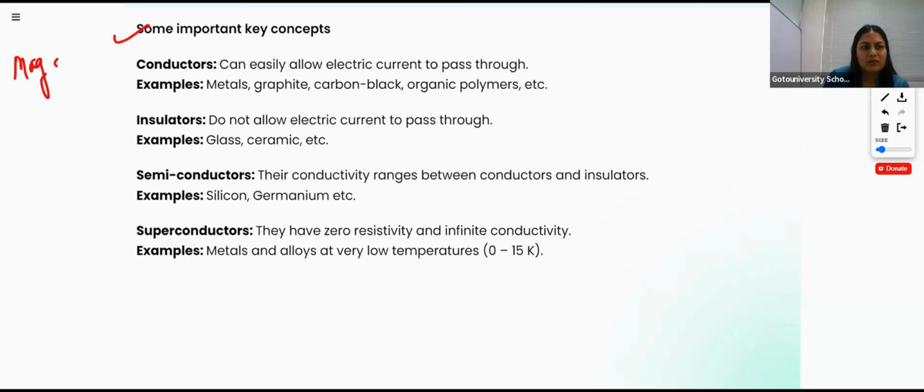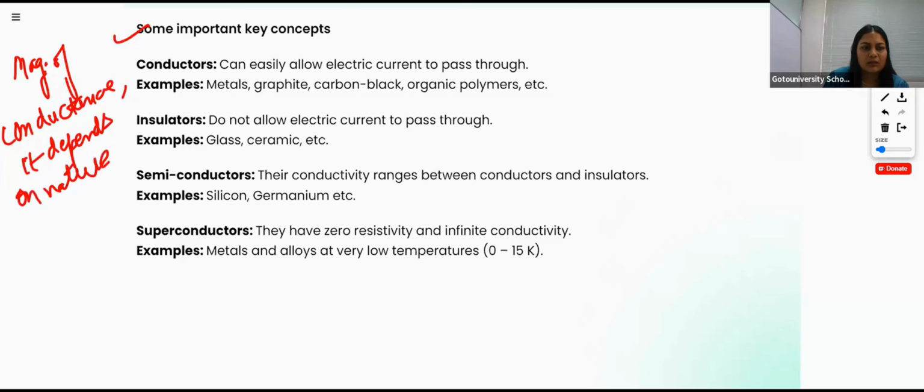Whatever conductivity is being produced, how much a substance can conduct electricity is based on what kind of substance we are using, or the nature of the substance.